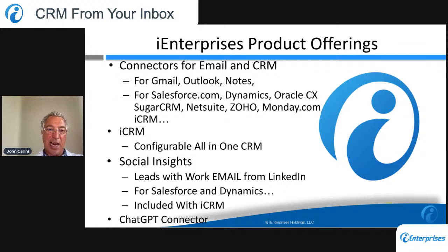We support Gmail and Outlook with the following backends: Salesforce, Dynamics, Oracle, Sugar, NetSuite, Zoho, Monday, and our own iCRM. And speaking of our own iCRM, this is an all-inclusive product that is pretty easy to use, and it's all in one, and it comes with everything, including these connectors.